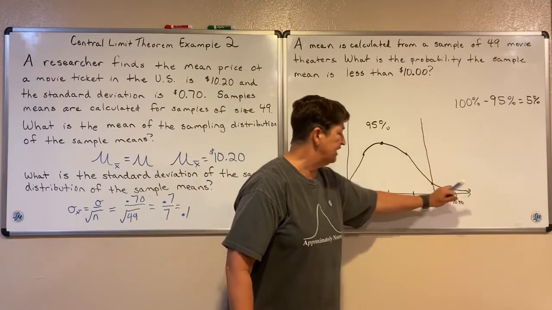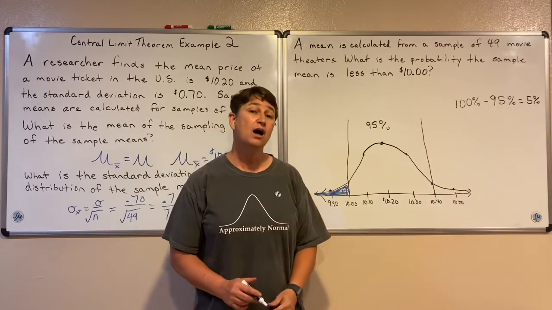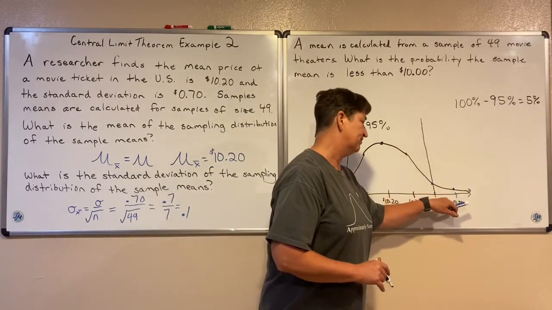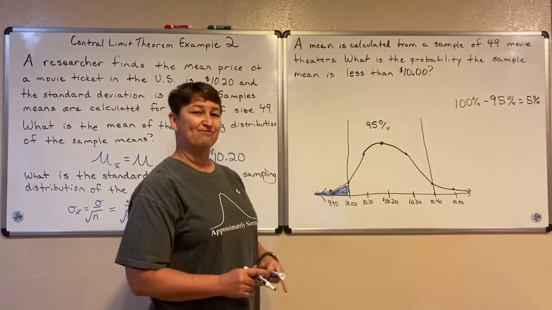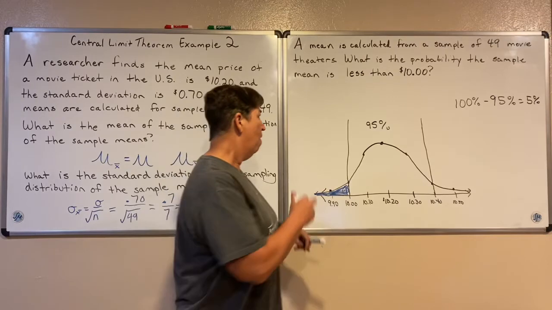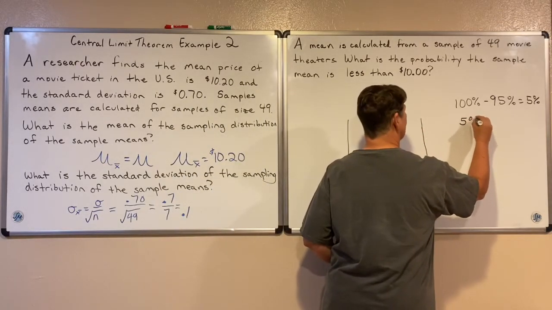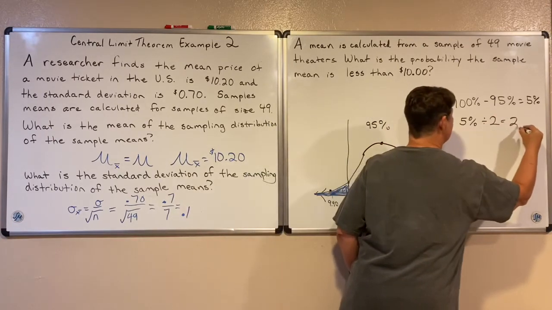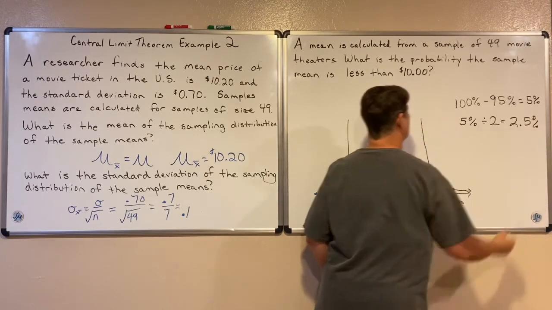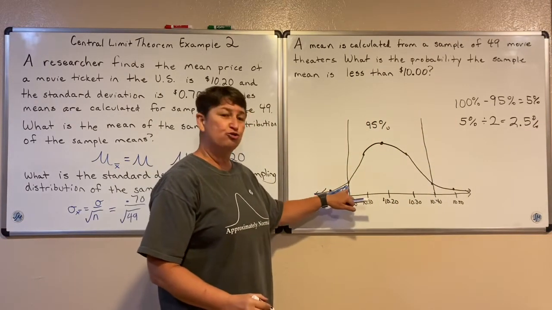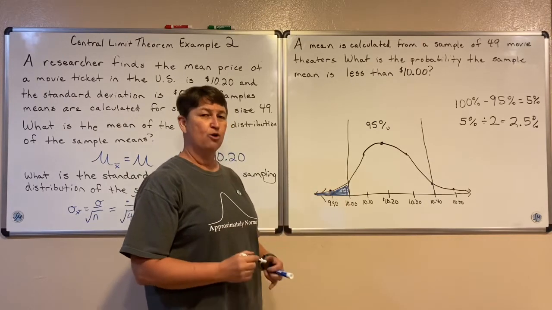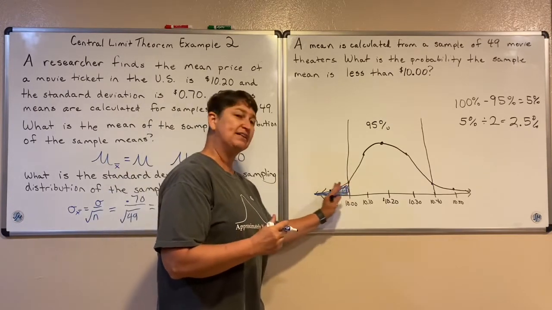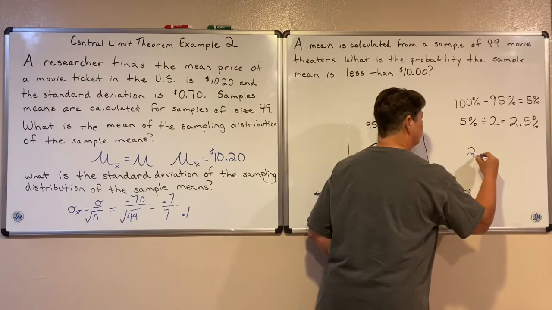I'm not looking at this end, I'm just looking at that end. Because a normal distribution is symmetric, this side is the same as that side. So I'm going to split that 5% in half to find the percent on that end. I'm going to take 5% and divide it by 2 to get 2.5%. So underneath the curve here, this is 2.5% of the area under the curve, or the probability that we get a sample mean that is less than $10 is only 2.5%.